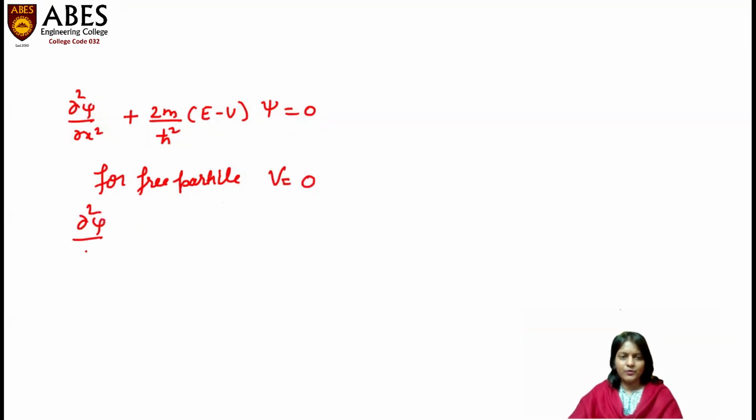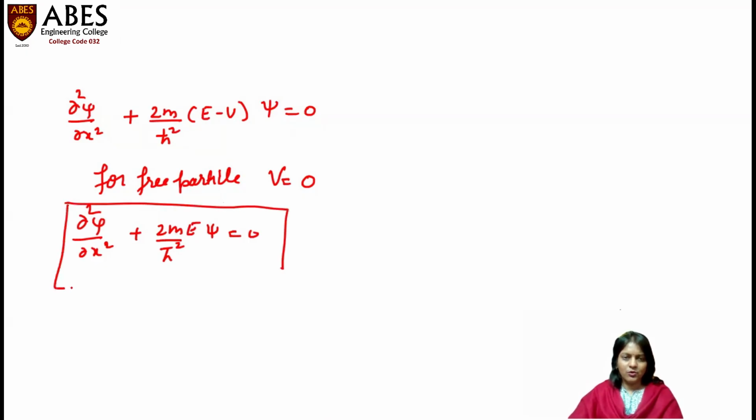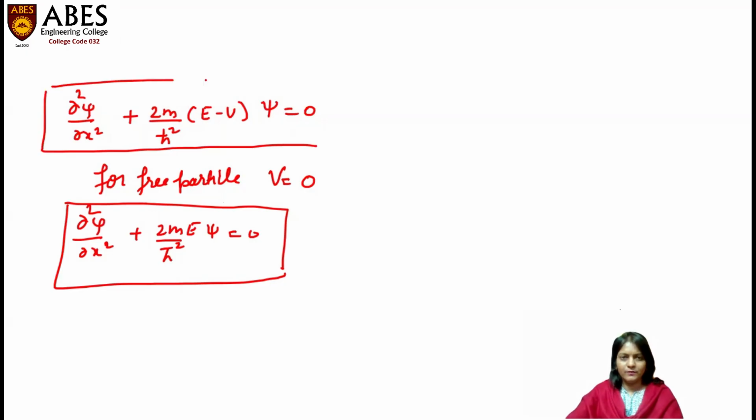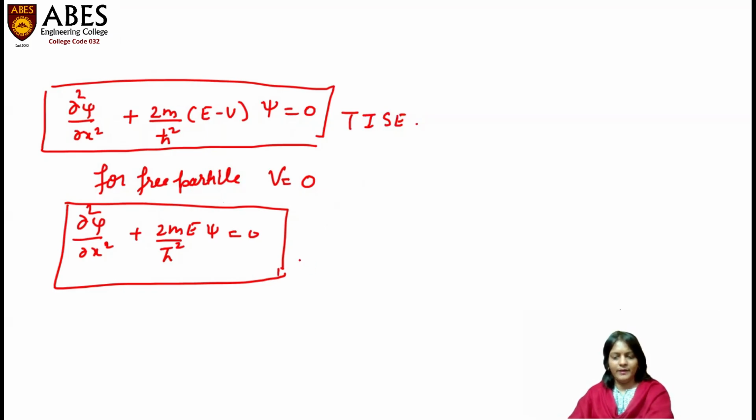So the Schrodinger equation becomes del 2 psi over del x square plus 2m upon h cross square E psi is equal to 0. This is called the time independent Schrodinger equation, and this is also the time independent Schrodinger equation for a free particle.